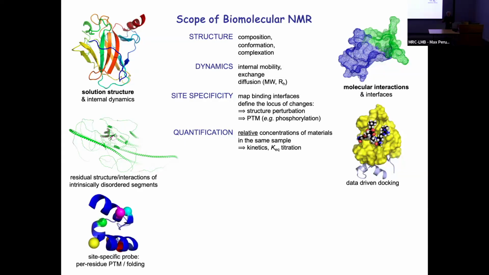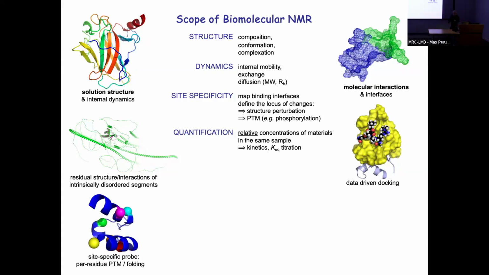One of the themes I'm going to come back to again and again is the key advantage that NMR has over other forms of spectroscopy. We see a separate signal for every atomic nucleus in the molecule. So we have atom-specific resolution of what interactions are occurring at what time. So we can look at things like protein folding, and that's what enables us to characterize binding interfaces.